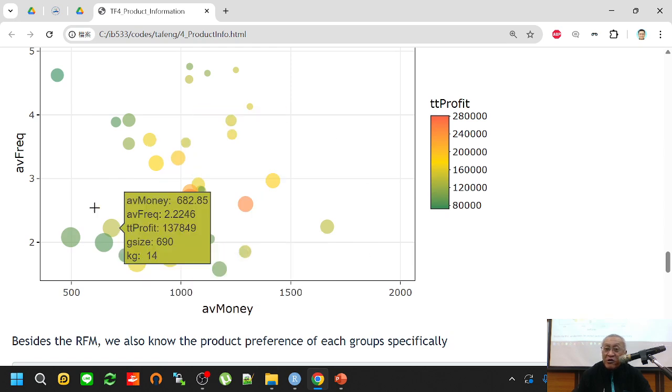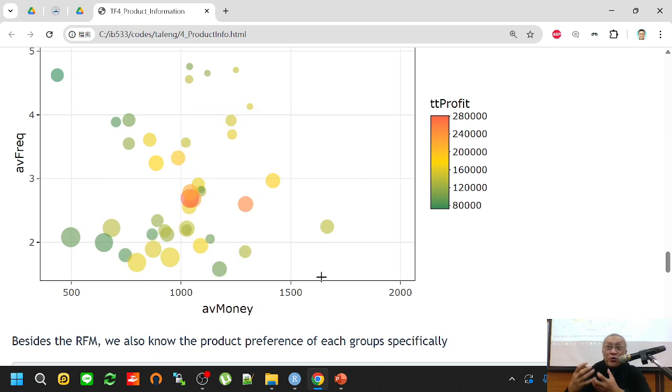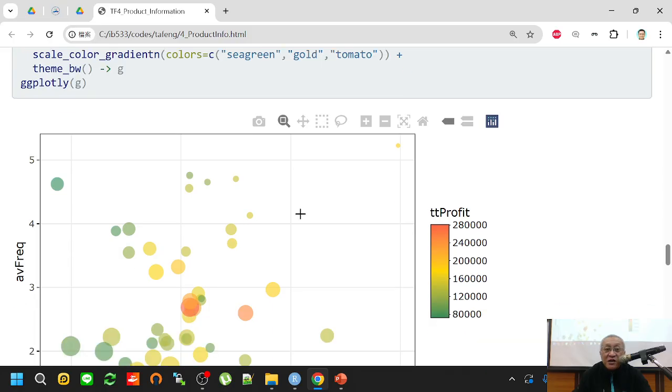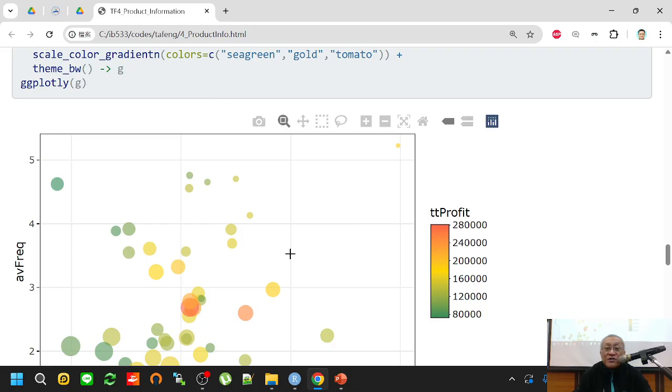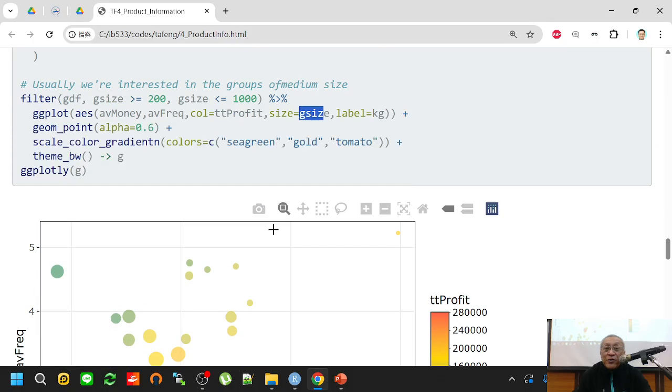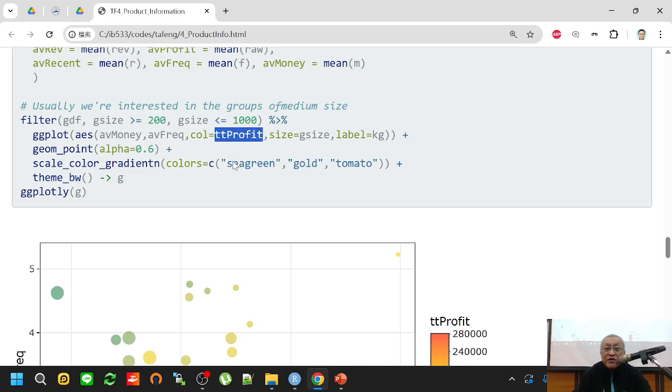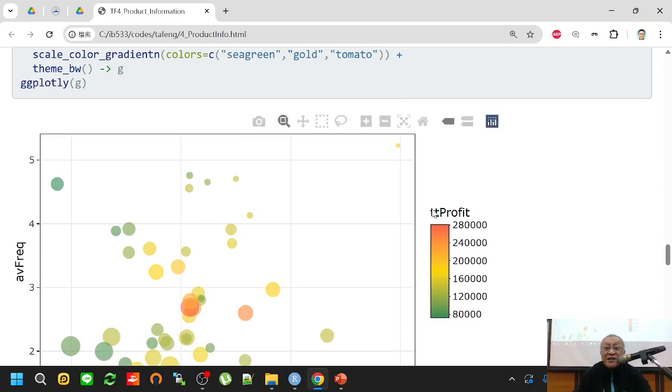So you can see that for every group here, you actually know their buying pattern, okay? For example, you might want to focus on the group size. If I want to focus on, for example, total profit, which is actually the most important thing that we care about, right?